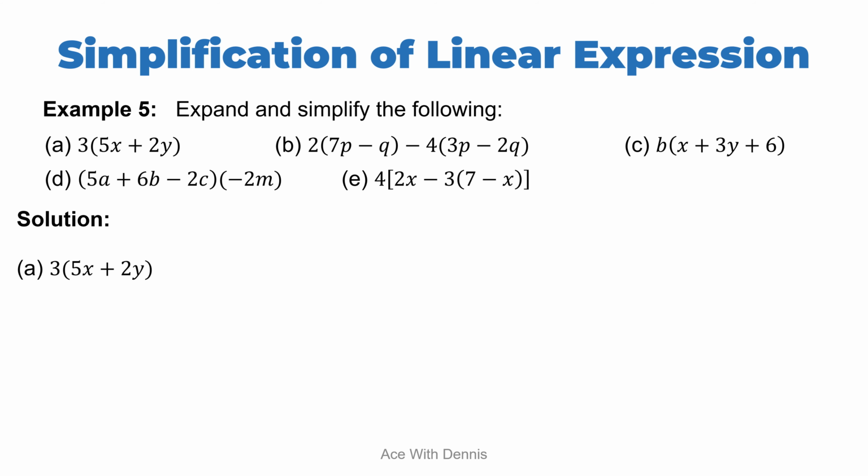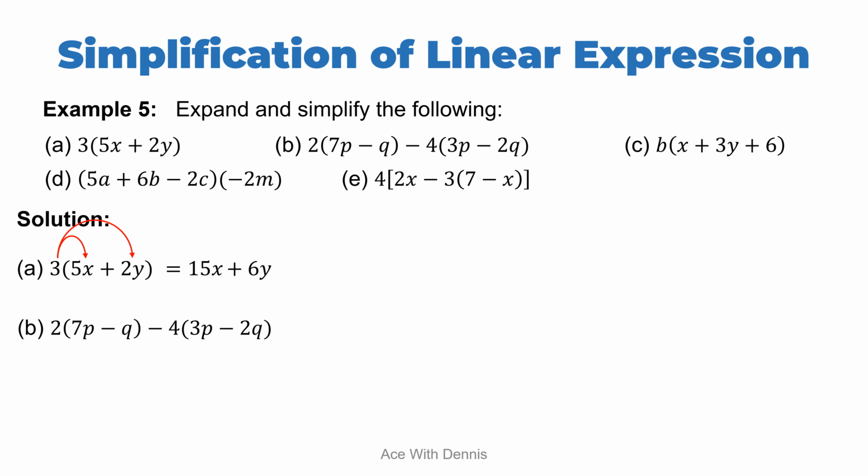Here is the solution. For A, 3 times (5x plus 2y). So 3 times 5x, we get 15x. 3 times 2y, we get plus 6y. For B, 2 bracket 7p minus q minus 4 bracket 3p minus 2q.